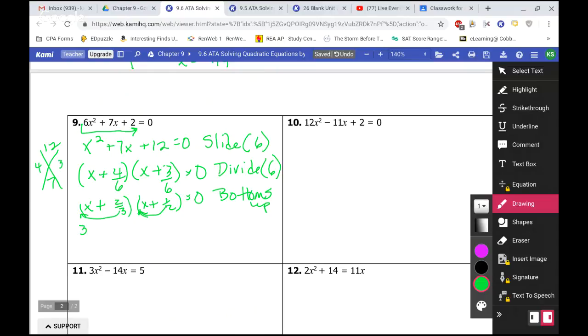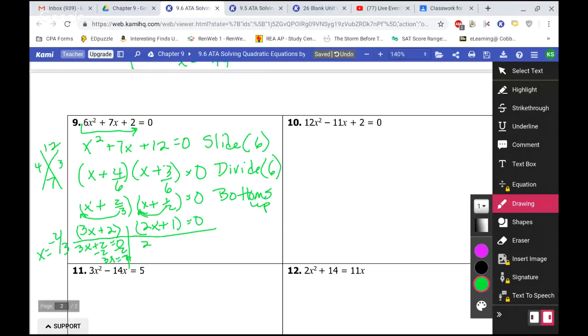So you've got 3x plus 2 and 2x plus 1. Then you take each individual factor and set it equal to 0, and you've got x equals negative 2/3.